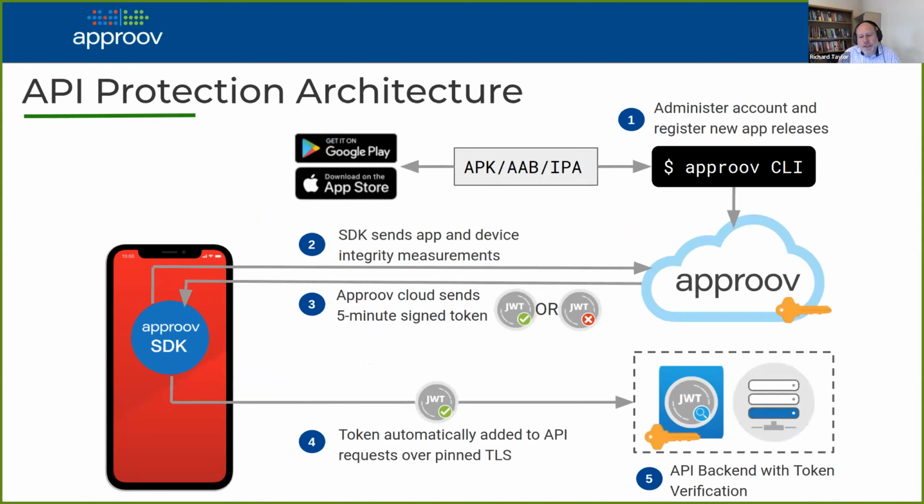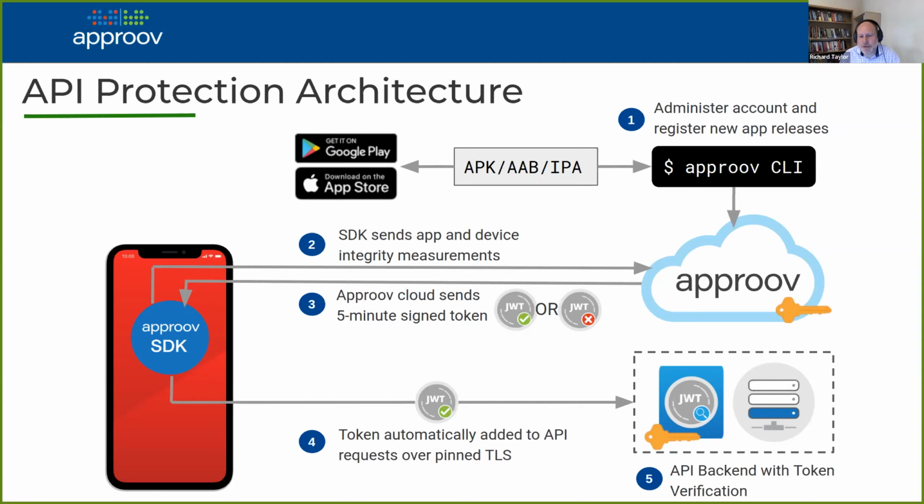So to give you an overview of the architecture of Approov, this is a 5-step flow of how Approov API protection works, protecting a first-party API. You develop the app as normal, but there is an Approov SDK that is integrated inside the app.